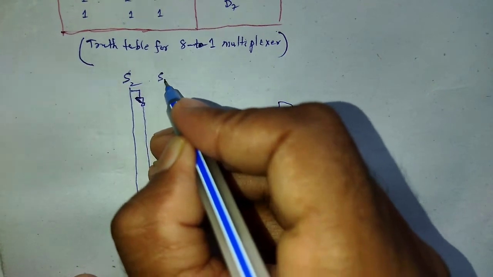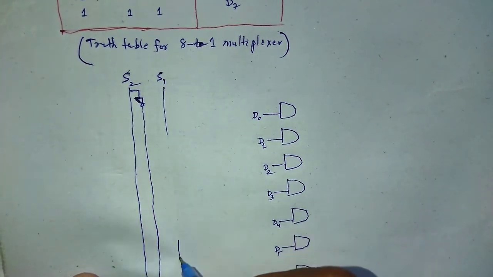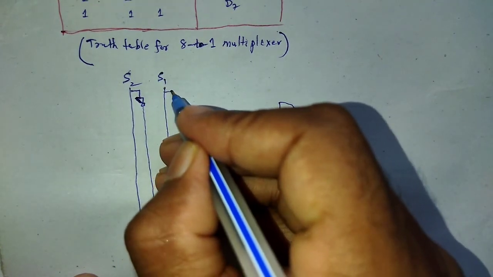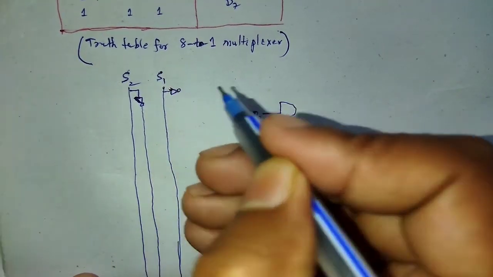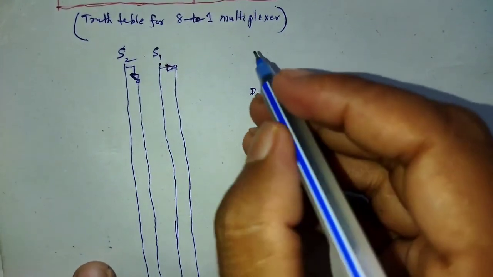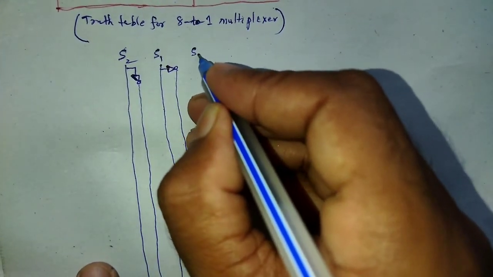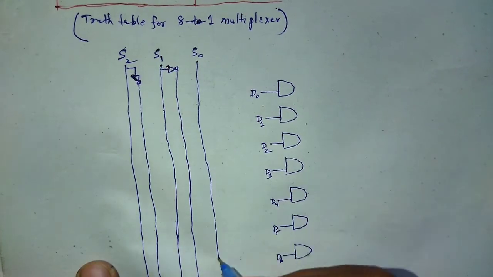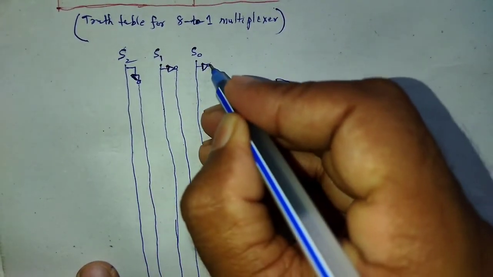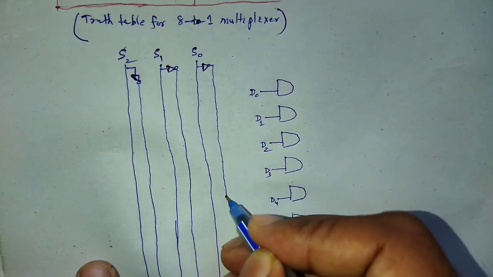Next, S1 line. When we select a NOT gate, that line is the S1 dash line. Next, S0 line. Next, a NOT gate is used and that line is chosen as the S0 dash line.